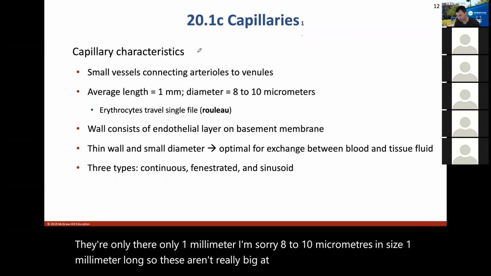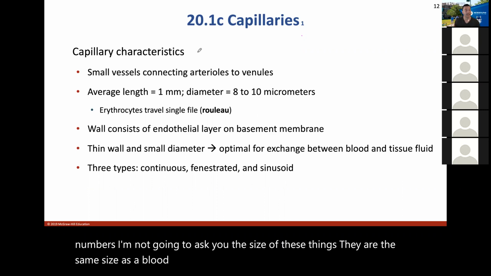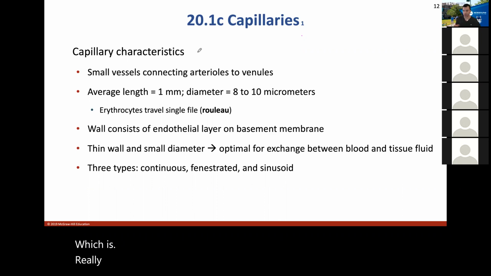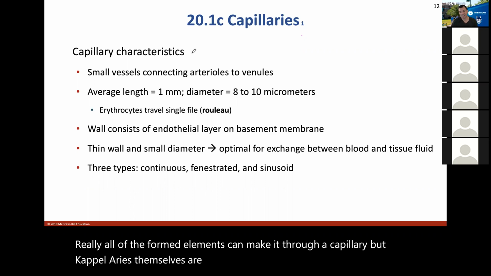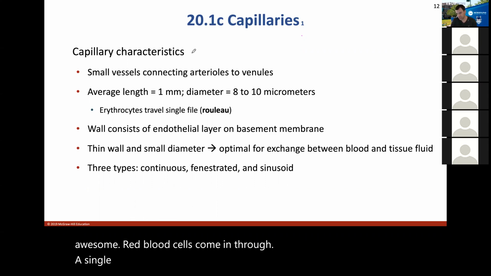I'm not going to ask you the numbers. I'm not going to ask you the size of these things. They are the same size as a red blood cell, though really all of the formed elements can make it through a capillary. Red blood cells come in through a single line, which is fantastic.